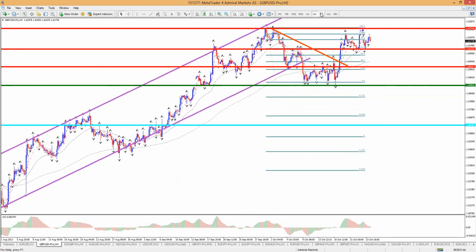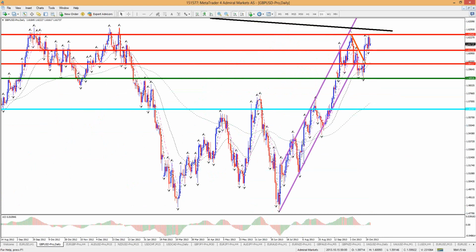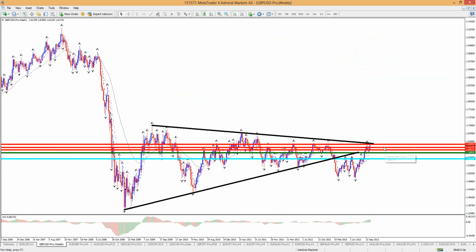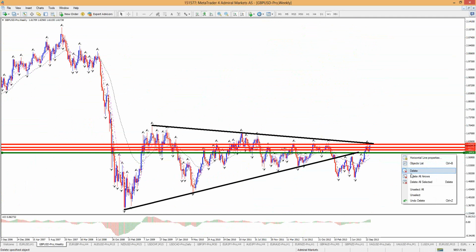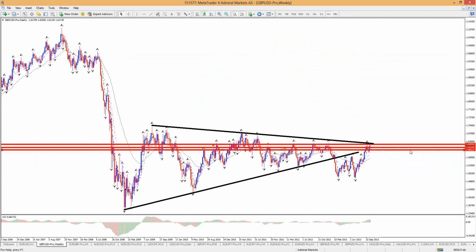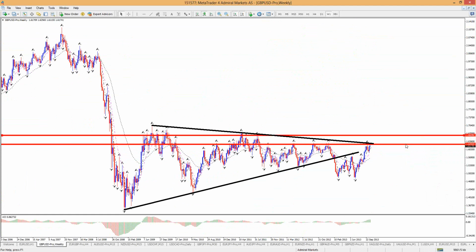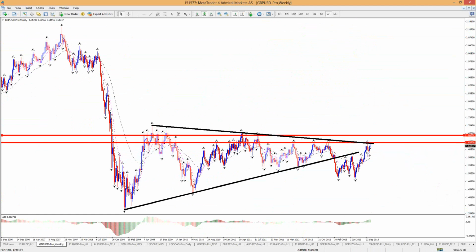Pound dollar is a bit different in a way. On the weekly resistance here, I have a lot of lines. Let me take a few of them off. The weekly resistance is pretty heavy.